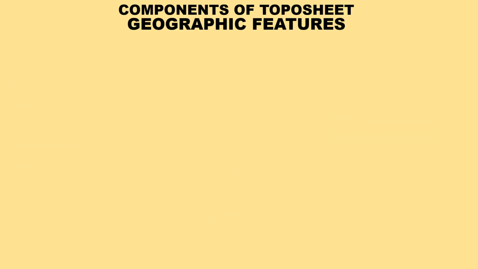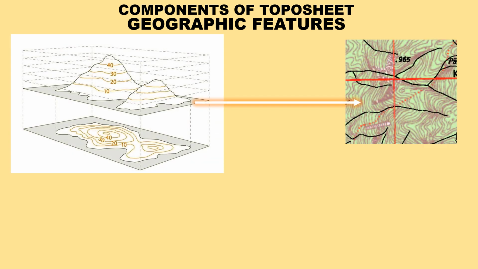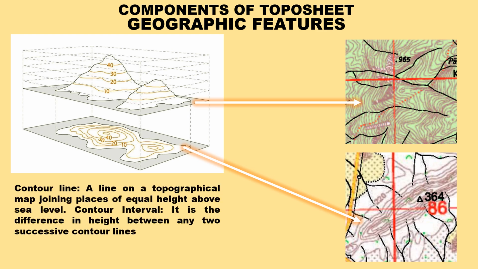Next, on the components of Toposheet, we need to study certain geographic features. The first one we have are the contour lines. Contour lines are imaginary lines on a topographic map that connect points of equal elevation. They help to represent the three-dimensional shape of the terrain on a two-dimensional surface.